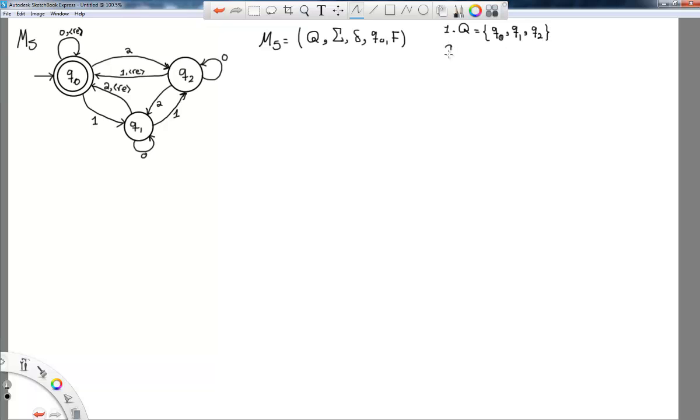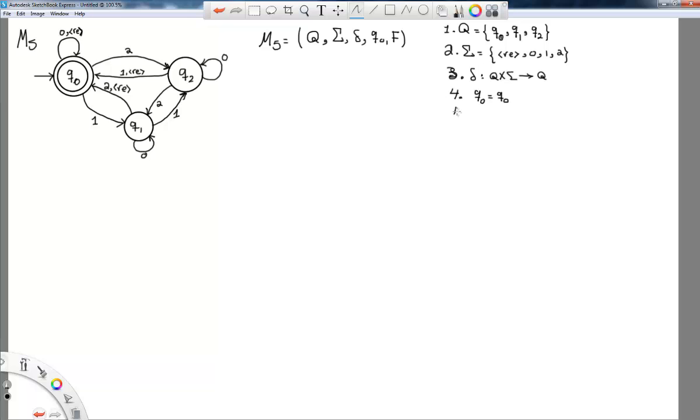The sigma in this example is actually a set of 4 symbols: a reset symbol, and symbols 0, 1, and 2. The delta is a function from Q cross product sigma to Q. We'll describe this next. And q sub 0, the initial state, is q sub 0. It just happens that they have the same name.